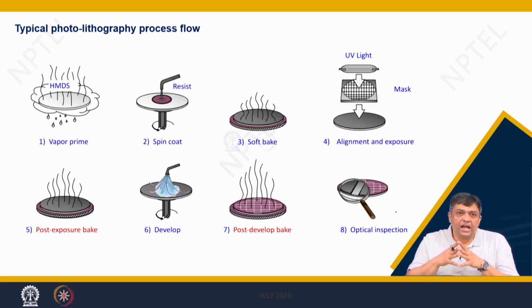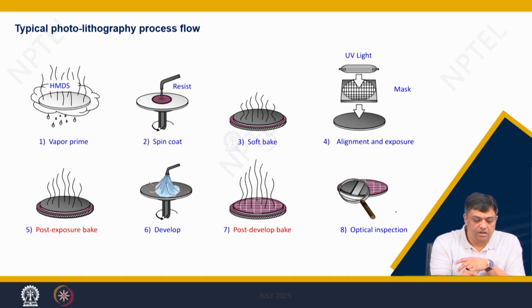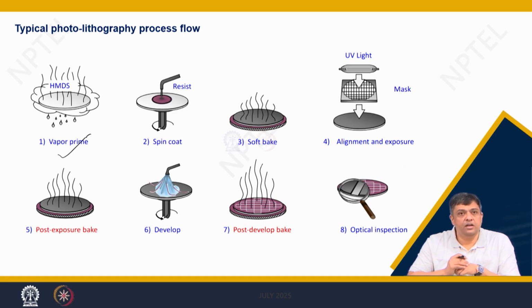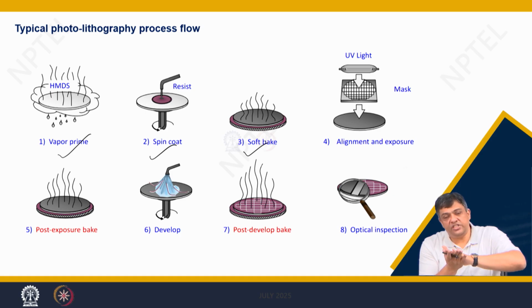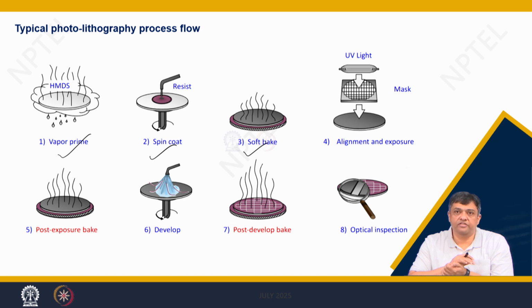So, if you again look into the typical process, you have a substrate, then you spin coat, then you soft bake, so that there is a physical adhesion between the substrate and the top surface.